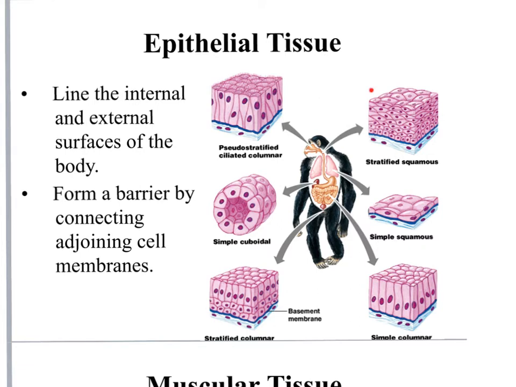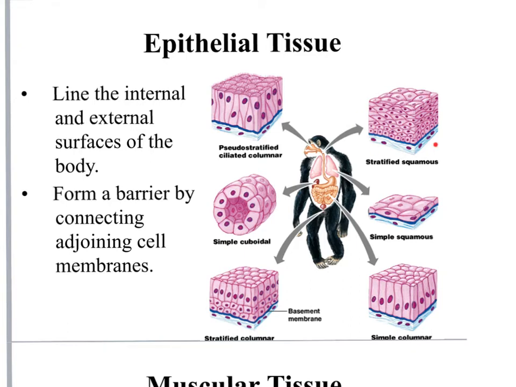The shape of the cell also sort of determines what the function will be, because as I've said before, the structure helps determine function and vice versa. So the first type of cell, which you should be most familiar with, are these stratified squamous cells.